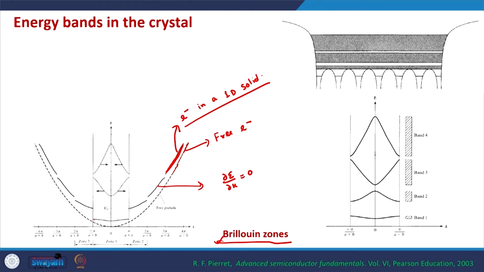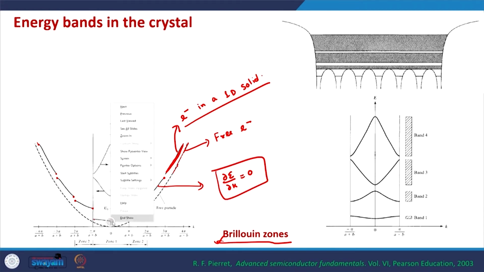What it means is that at these boundary points, del E by del k, the gradient of the E-k plot, is 0. Okay. Also at this point. So, this idea will be useful for us in the next discussion, which is the discussion on effective mass.